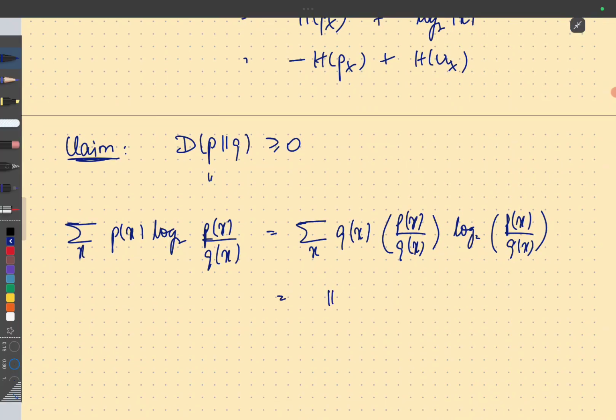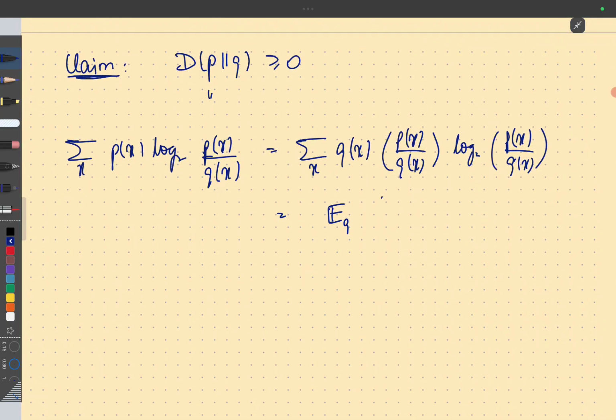So this is equal to expectation with respect to the distribution q of p(x) by q(x) log p(x) by q(x), where the random variable x is now distributed according to q.